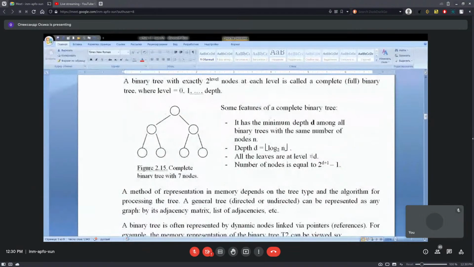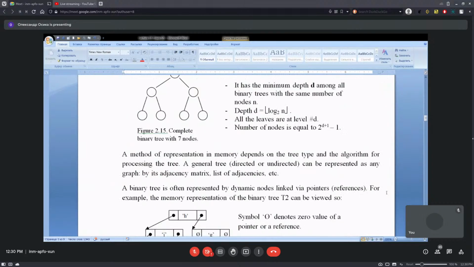A method of representation in memory depends on the tree type. There are many methods, and the algorithm for processing the tree.